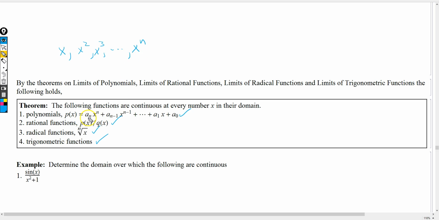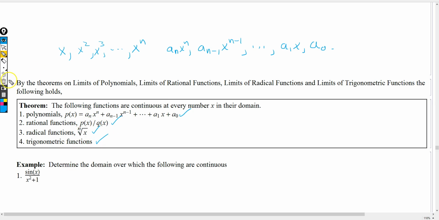And so if I multiply them by the constants a_n, a_(n-1), and so on, all of these are going to be continuous. And so if I add them together, I'm going to get a continuous function by property number 2 from above, and that's the one we just proved. Alright, so that's why you have all of these results.